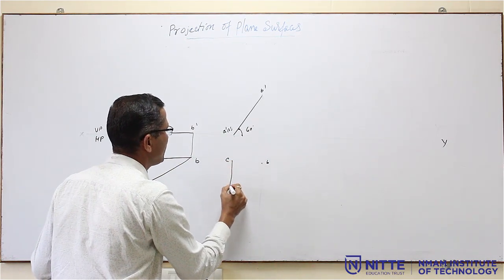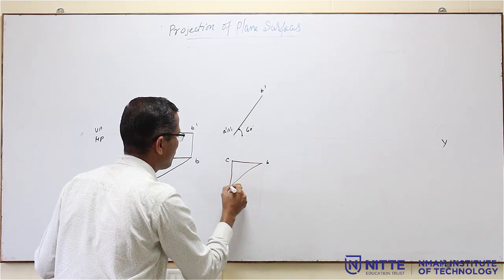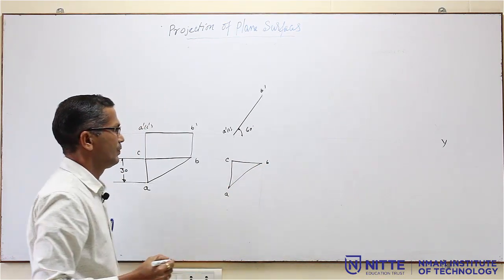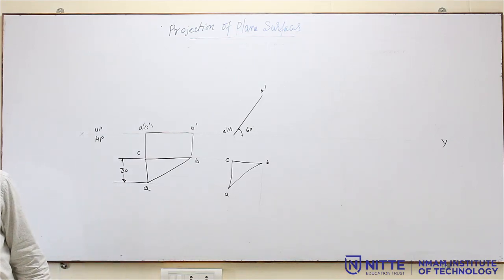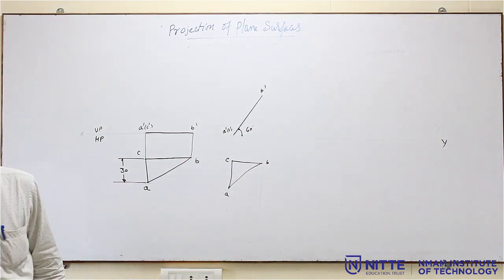Now, you join A, B, C like this. The shortest side is making an angle of 45 degrees with VP.